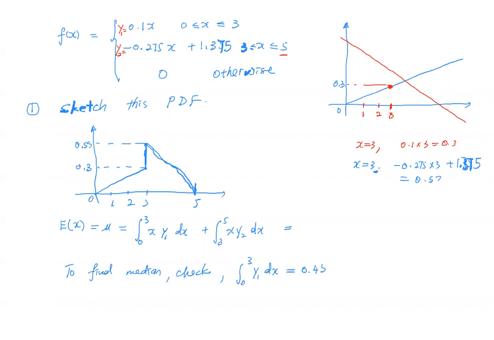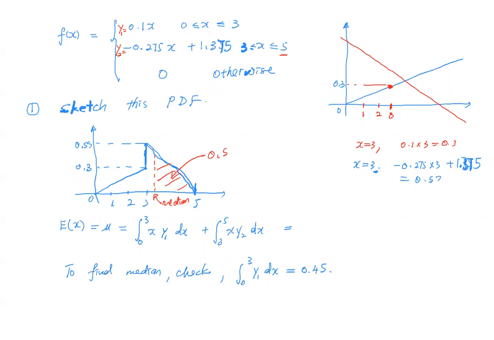So where is the median? The median is definitely someplace somewhere here. That means this area will be 0.5, right?